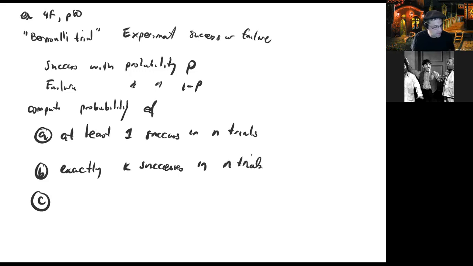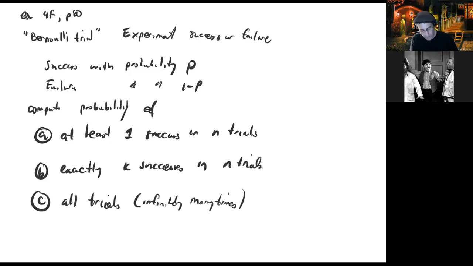And C: the probability that all trials result in success, because we're doing this infinitely many times. Okay, so I'm going to answer all three parts of this question. That's the question, and let's make some space for that.